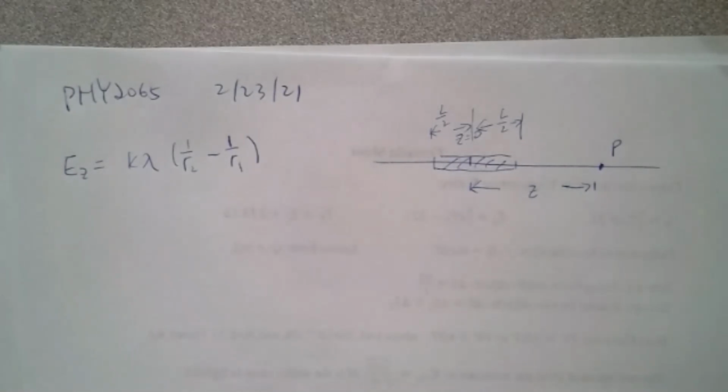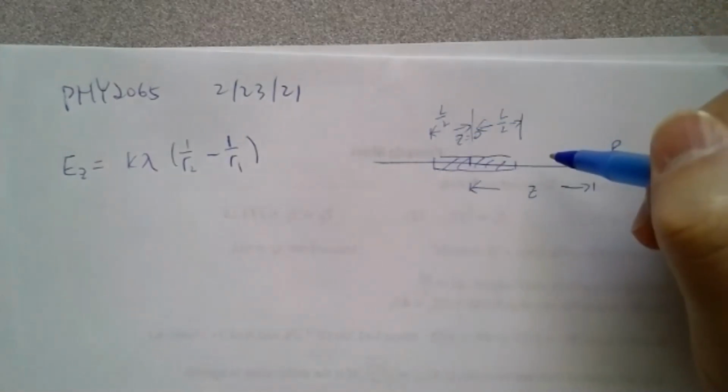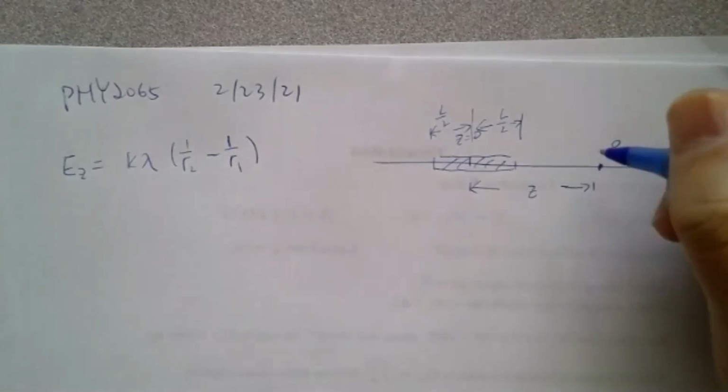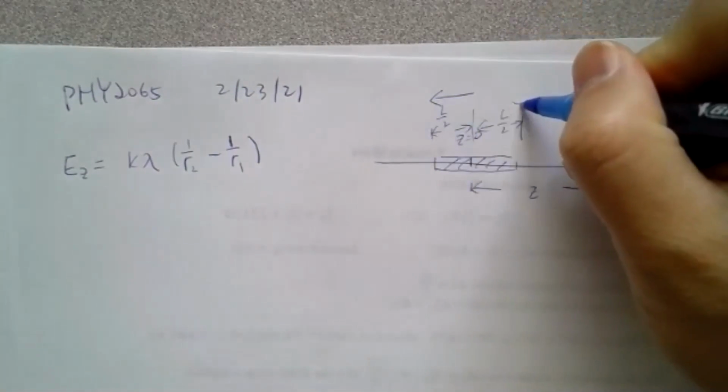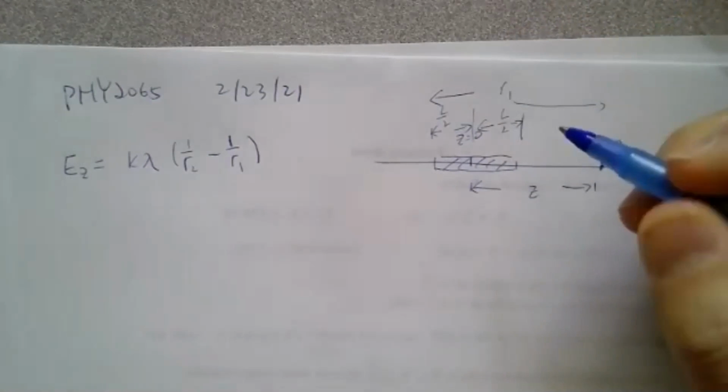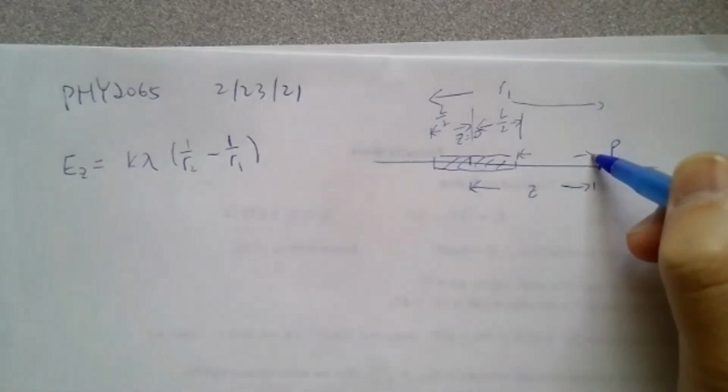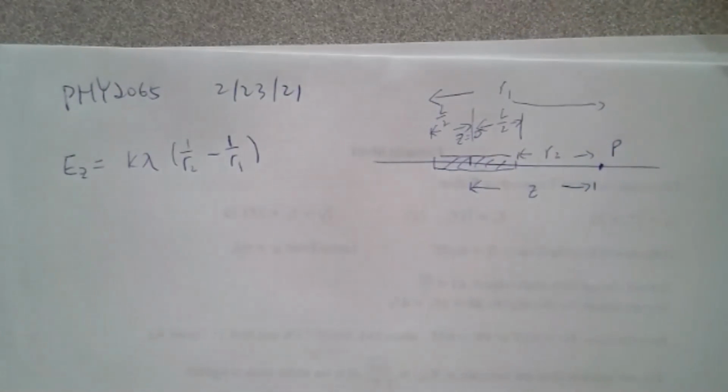So in the previous figure, from here to your point of interest will be R1, and from here to here will be R2, okay?